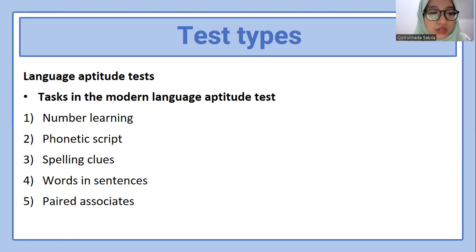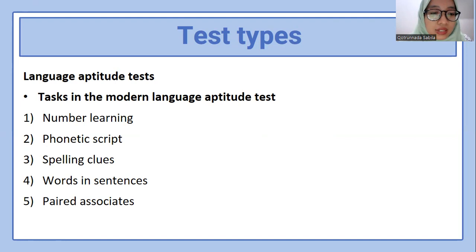And then phonetic script. Here examinees must learn a set of correspondences between speech sounds and phonetic symbols. And then spelling clues. Examinees must read words that are spelled somewhat phonetically and then select from a list the one word whose meaning is closest to the described word.